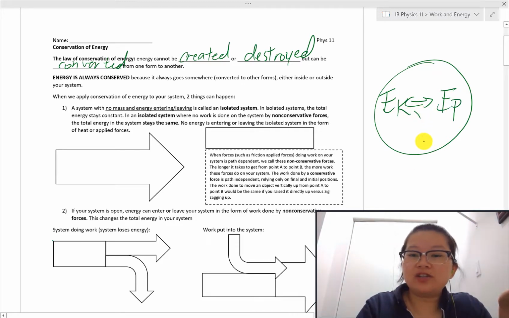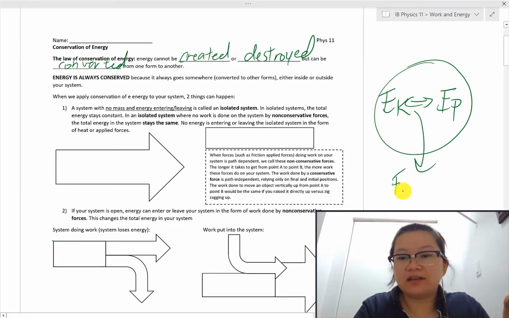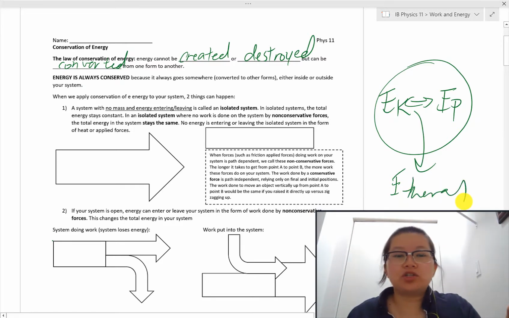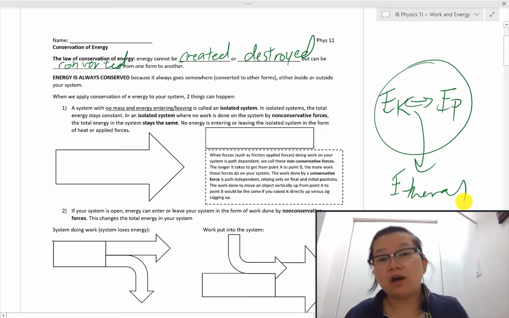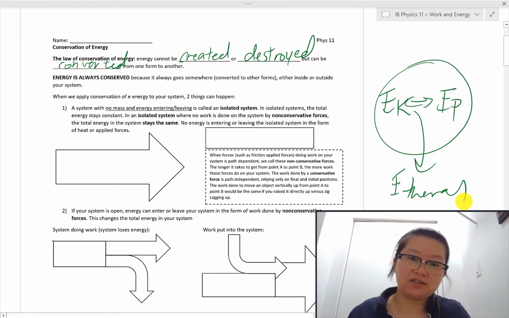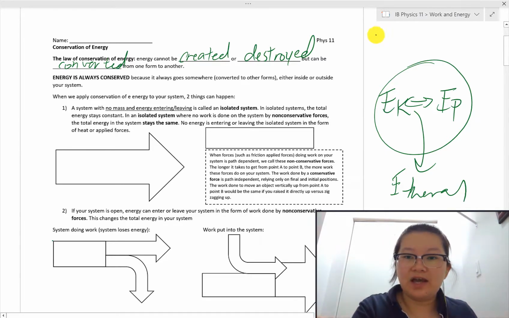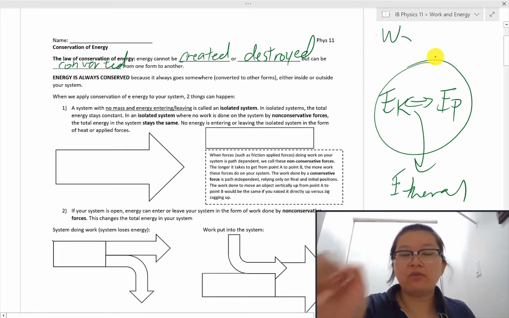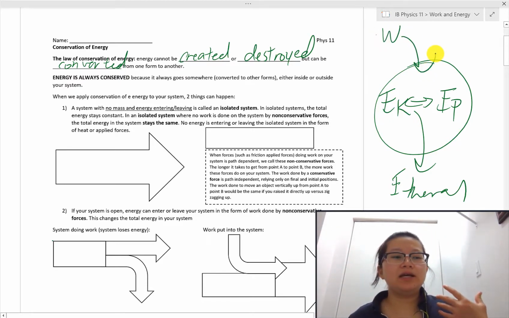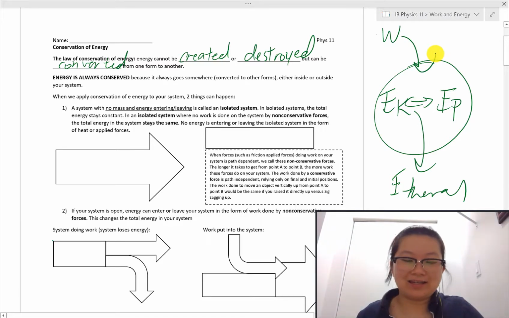I may have energy leaving my system in the case of thermal, in which this energy is no longer available or useful for the system. It just leaves the system. Or I may have, say, energy entering my system in the form of work, for example, me pushing a block and accelerating it, therefore it gaining kinetic energy.